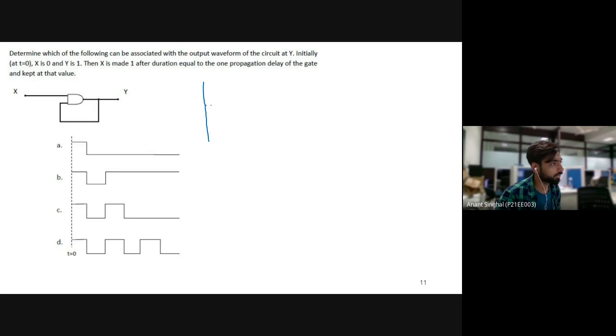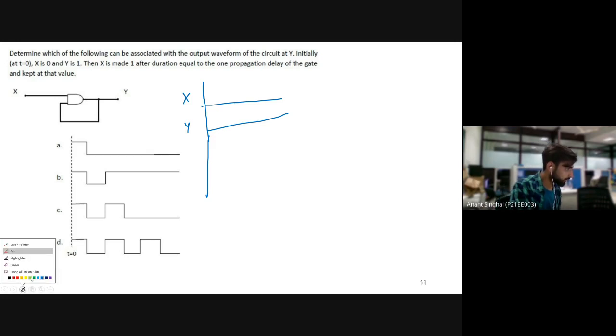If this is time t, x is initially 0, so I can write something like this, and y is initially 1.